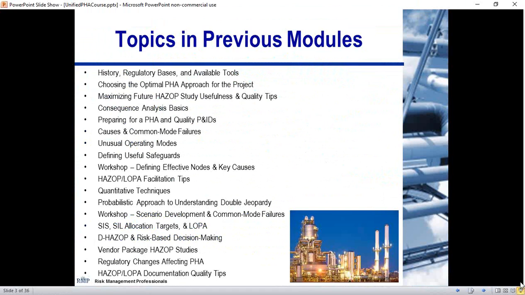A lot of things are happening with respect to what they call the Cal-ARPA program here, or the California Accidental Release Prevention Program, and of course that dovetails with process safety management as it's rolled out by Cal-OSHA. So all these regulatory changes and technical challenges make an impact on what you do. That's the main purpose of our facilitation series: to try to provide best practices. How do you solve these kinds of problems?